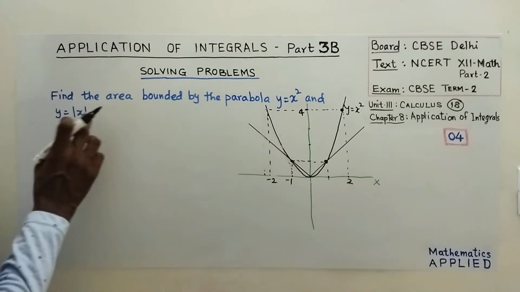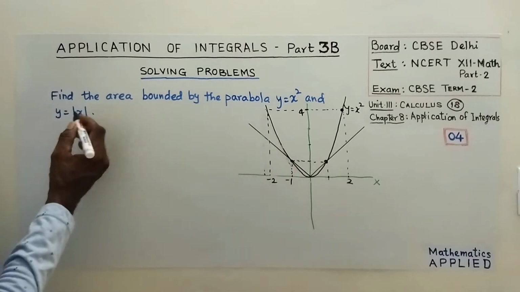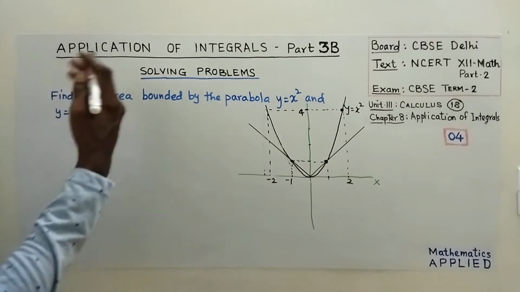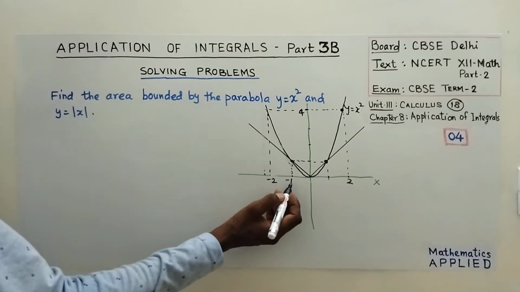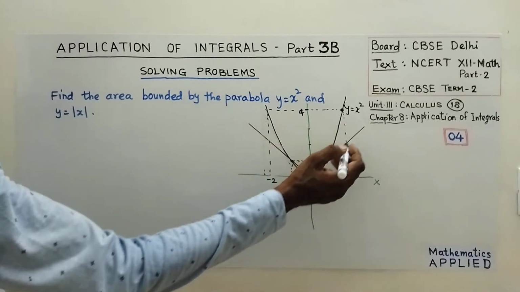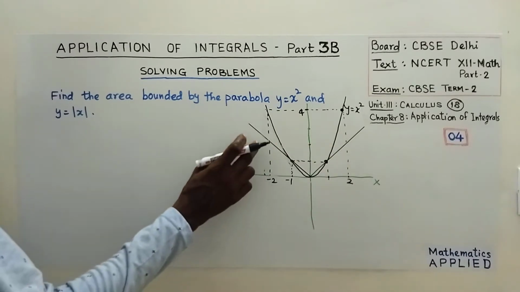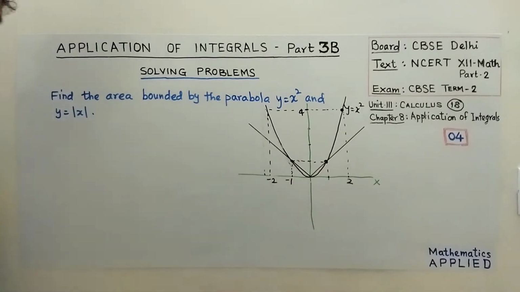And this y equals mod x. This is one curve that we already know from 11th standard. So x equals minus 1 means y is equal to 1. So this is also going to be a V-shaped line in this. So what is the region that we are required to find out?